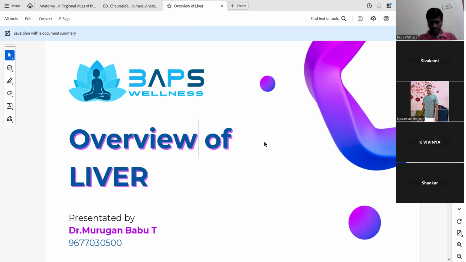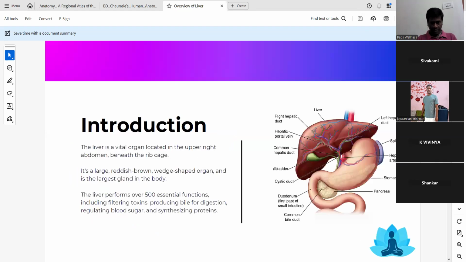Okay. So liver, as we all know, it's a mini chemical factory that is located in our body.